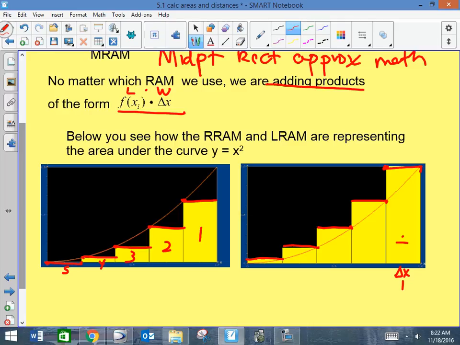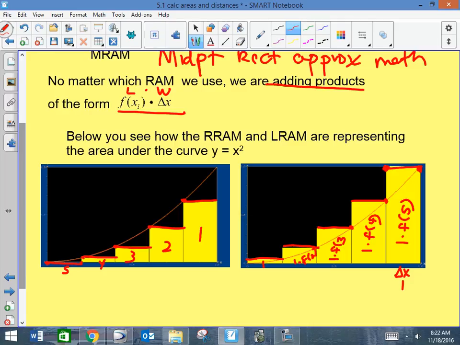Okay, this is 1 times, what's my height here of this? We're up here. What is this right here? F of 5. This is length times F of 4. This is 1 times F of 3. 1 times F of 2.